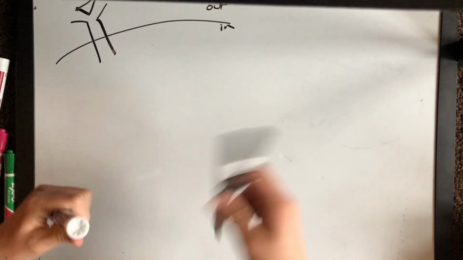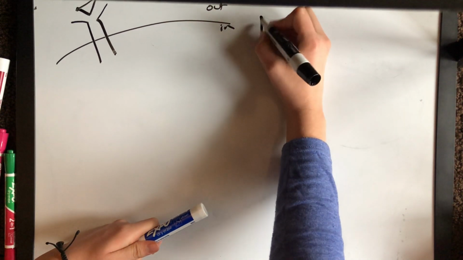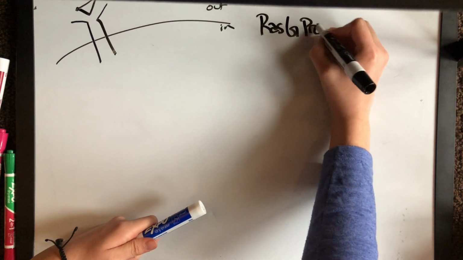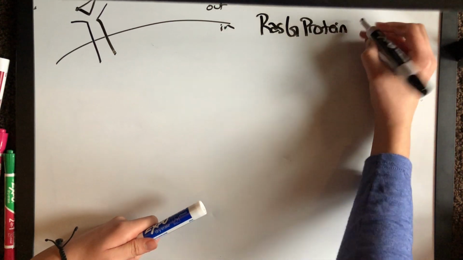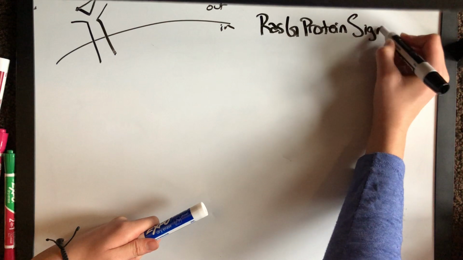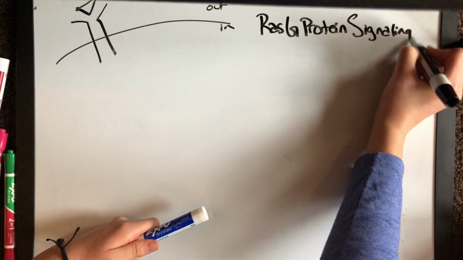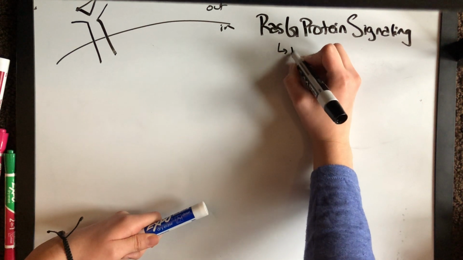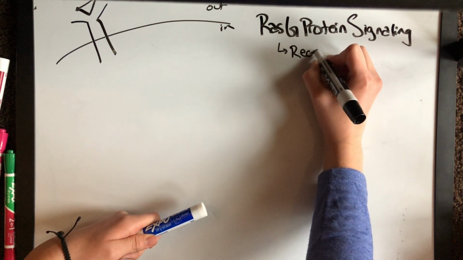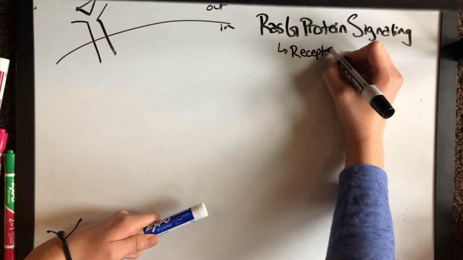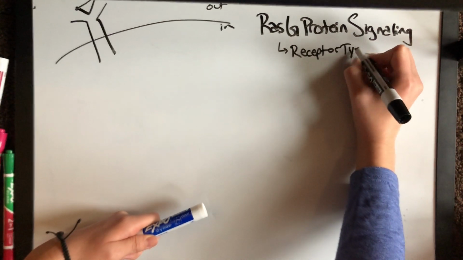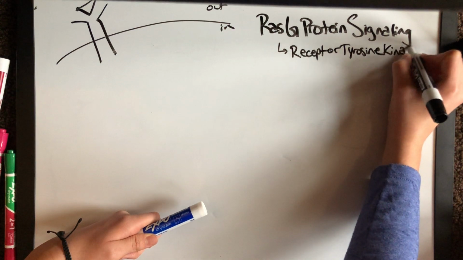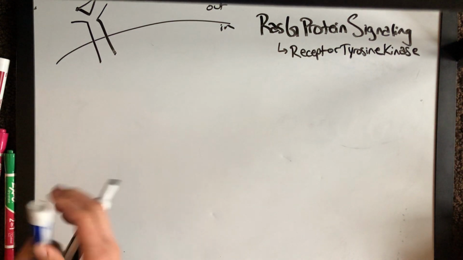So actually, let's write that over here. This overall is our RasG protein signaling mechanism. This is a type of receptor tyrosine kinase example.